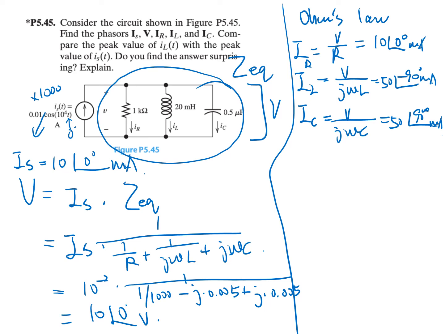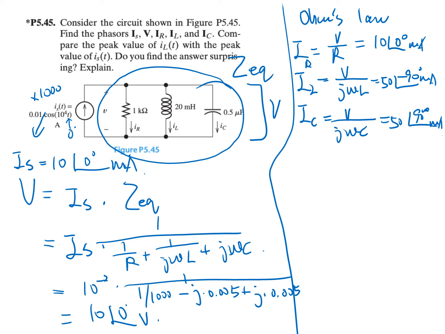Well, the thing you can find is that the peak value of the current flowing through the inductor is 5 times larger than the source current. The source current is here.